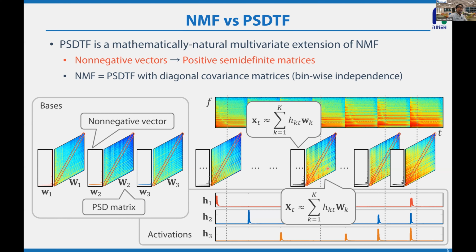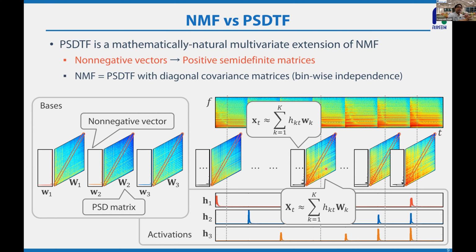Focusing on only diagonal elements means that we ignore the covariance structure between frequency bins. In theory, all the frequency bins are independent, right? This is the conclusion of the standard Fourier transform theory, because the infinitely long time domain signal is stationary.